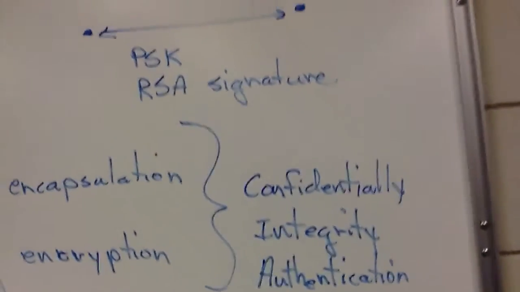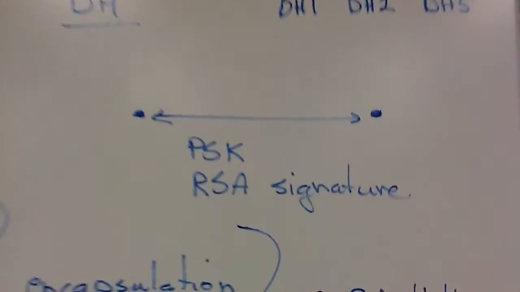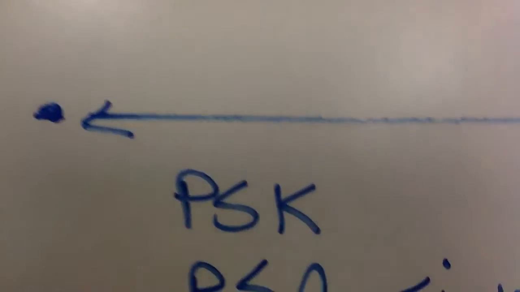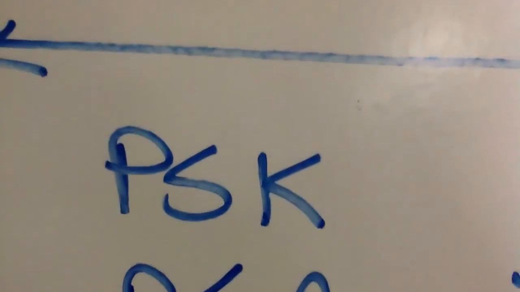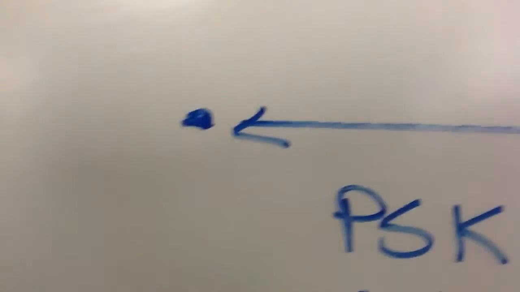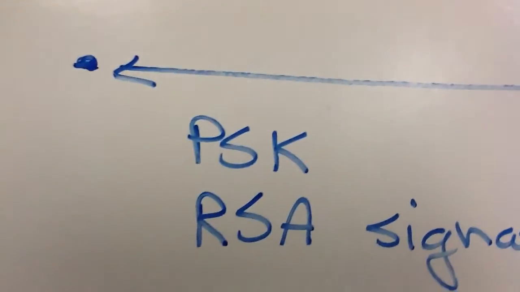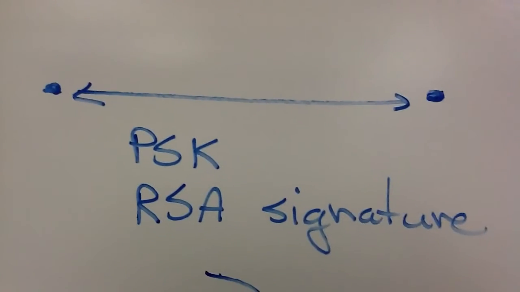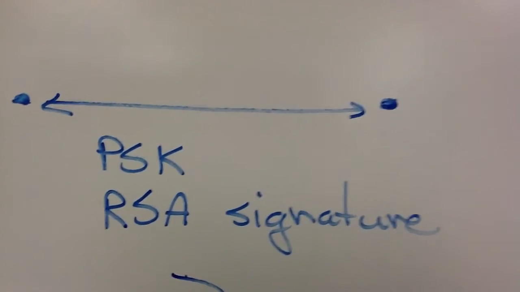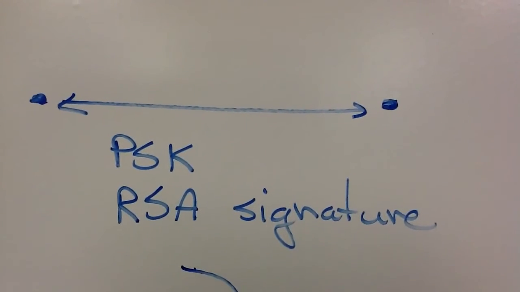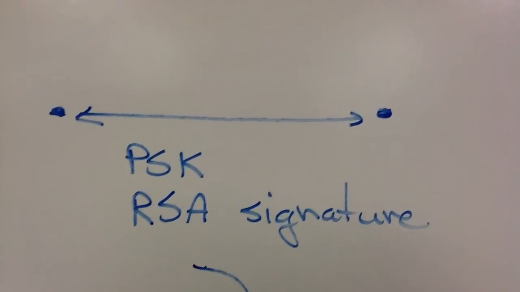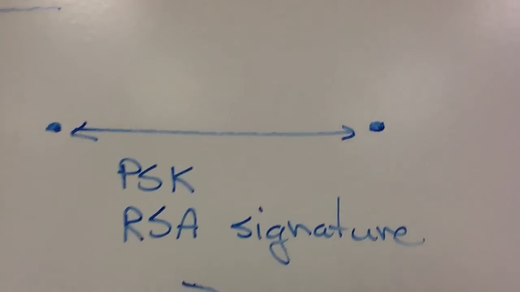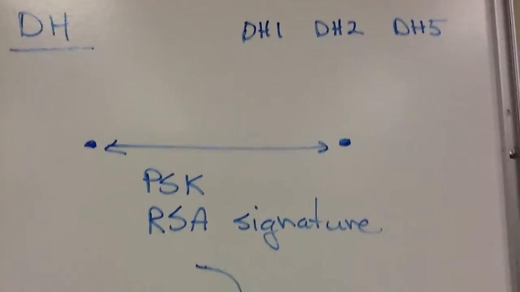A couple other terms. We talked about pre-shared key briefly. You have the key on both ends, or you can use RSA signatures as some method of using a public and private key in order to set up your encryption. Or you could use that to actually establish a key on each end.